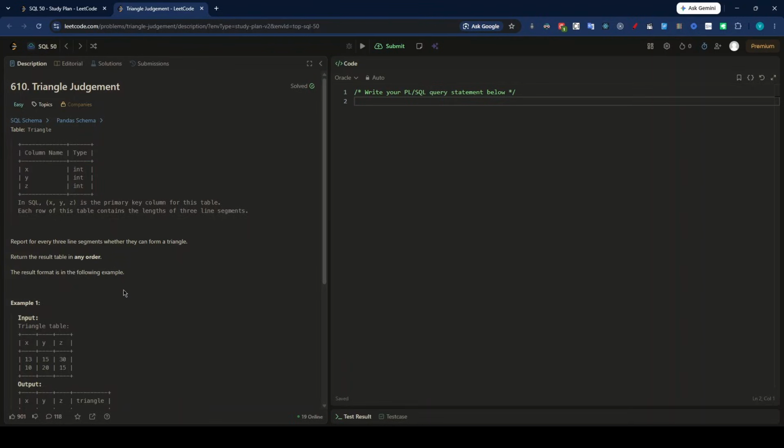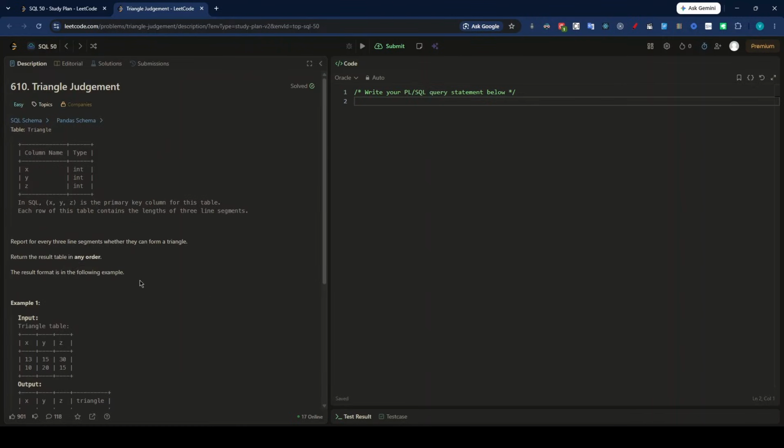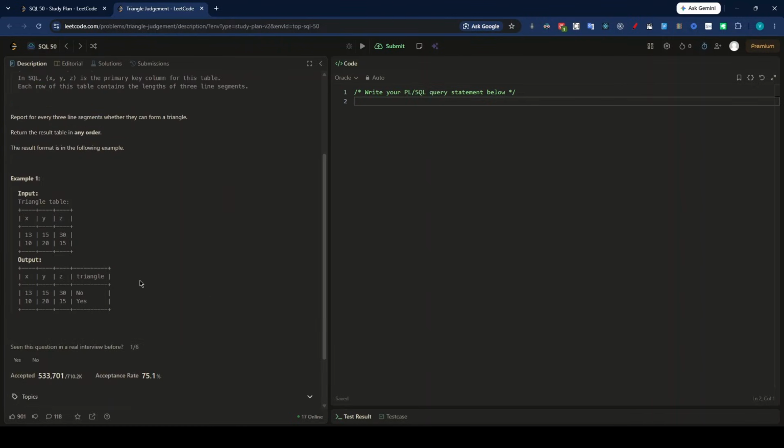If you see this example, 13, 15, 30 and 10, 20, 15, a very small test case, you can see that for 13, 15, 30 the triangle cannot be formed, and 10, 20, 15 is able to form one. And guys, note here, they have not given any explanation. In such cases you are stuck if you do not know the logic behind this.